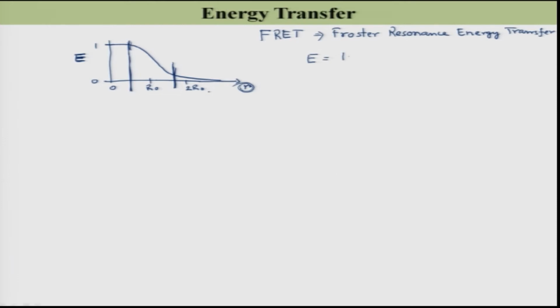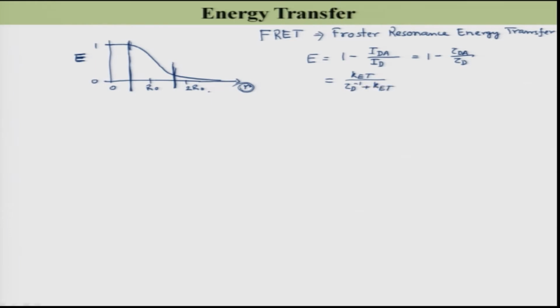So, this is equal to 1 minus I DA, the intensity of donor in presence of acceptor, divided by I D, which is again the same as 1 minus tau DA divided by tau D, the lifetime of the donor in presence of acceptor and the lifetime of the donor, where tau D is the lifetime of donor in absence of acceptor. So you can determine this, and I also told you that this is equal to k ET divided by tau D inverse plus k ET.